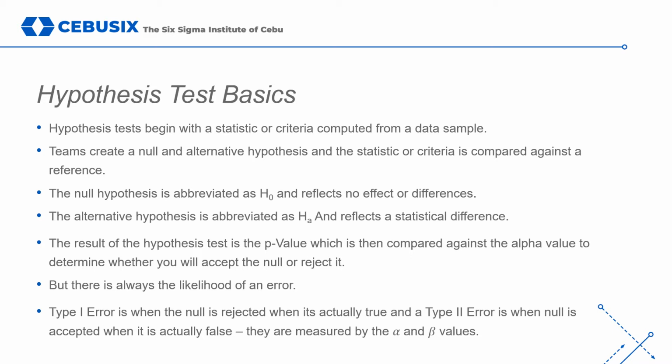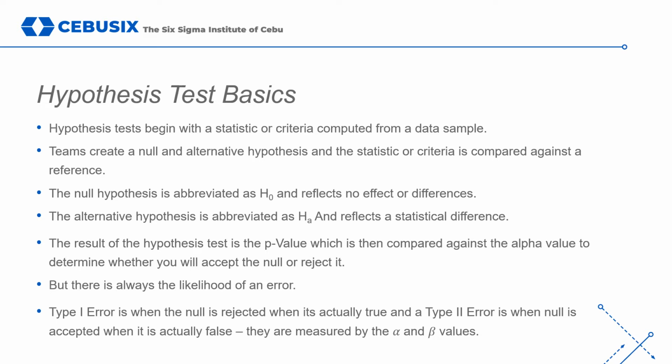It can be either not equal to, greater than, or less than. The statistic or criteria is compared against a reference criteria or distribution, and how the calculated statistic compares to the reference criteria determines whether you accept the null hypothesis or reject the null hypothesis in favor of the alternative.